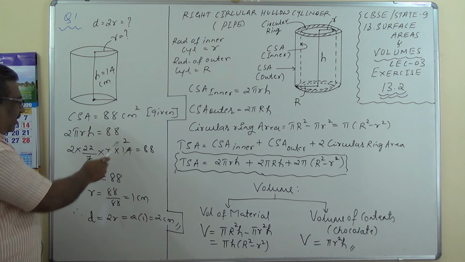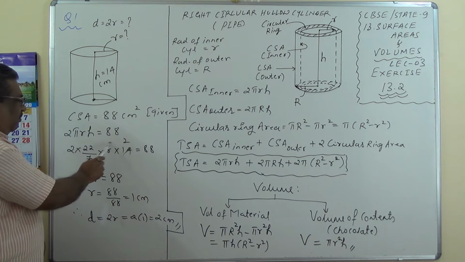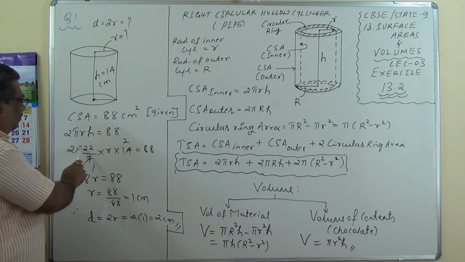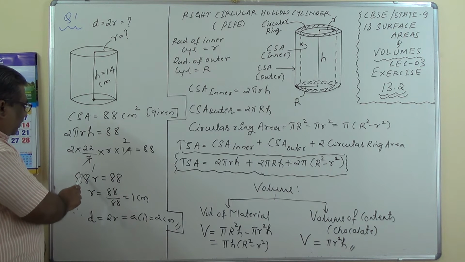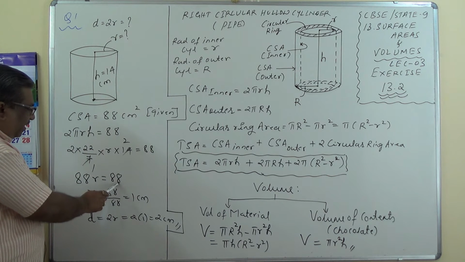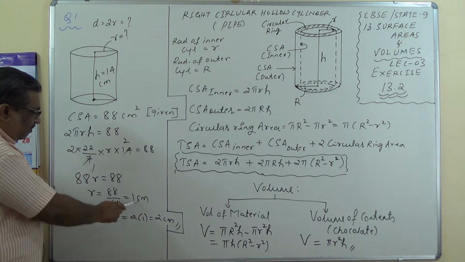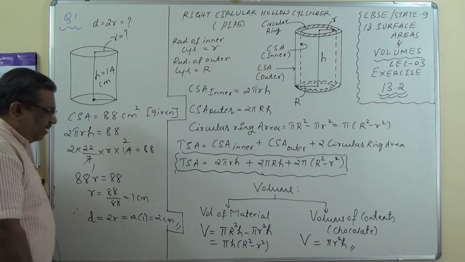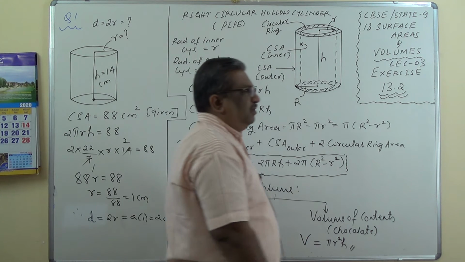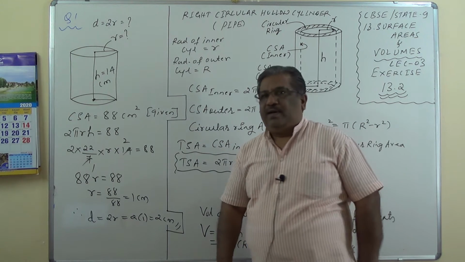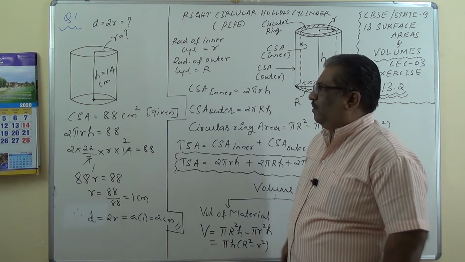So 7 twos are 14, 2 into 22 into 2, 2 fours are 8. So 88 times R equals 88, R equals 88 by 88, 1 centimeter, and hence the diameter is equal to 2 times R, that is 2 centimeter. You can pause the video and note it down.